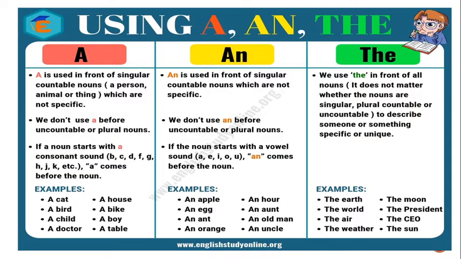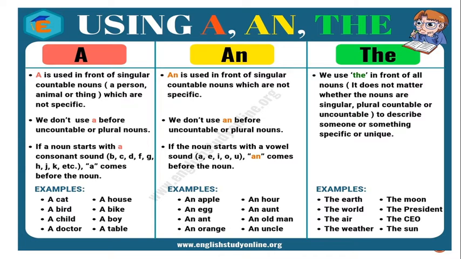So we have studied the usage of articles 'a' and 'the'. 'A' is used in front of a singular countable noun, which is not specific. But we use 'the' in front of all nouns to describe someone or something specific or unique.